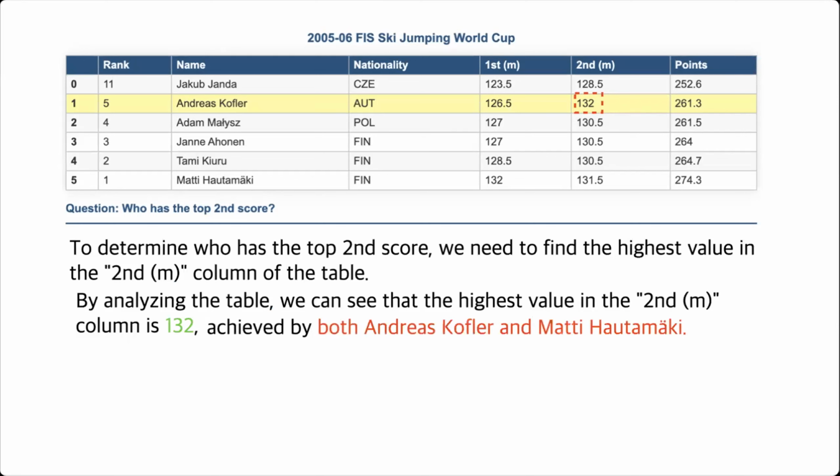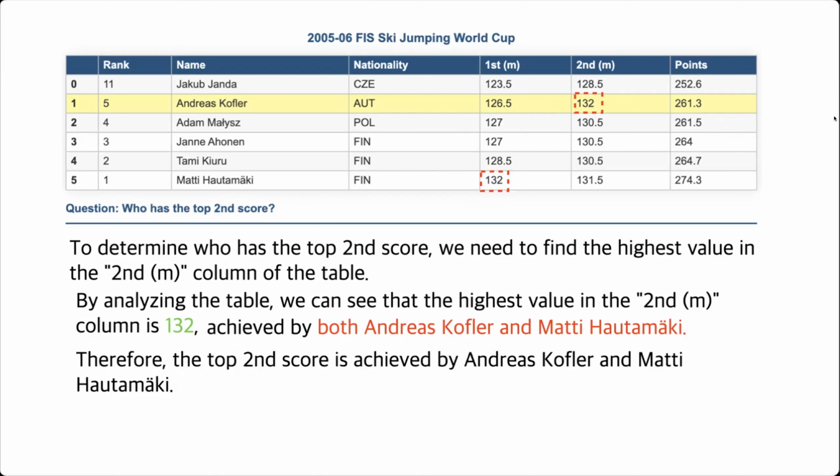But finally, when trying to find the name, the large language model reasons that the 132 was achieved by both Andres and Matty. We can see there's another 132 here. So the final answer is 2 people, but actually the second 132 is not related to the second score.